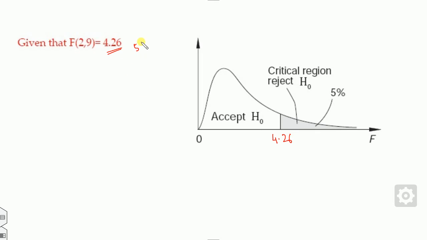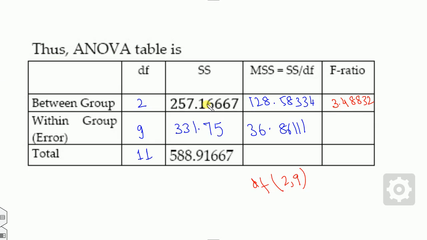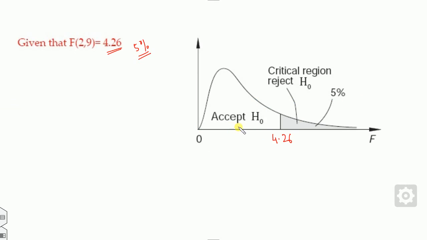You have to draw this table, and the value given to you is 4.26 at the 5% level of significance, and the calculated value is 3.48. Since 3.48 is less than this, H0 is not rejected.